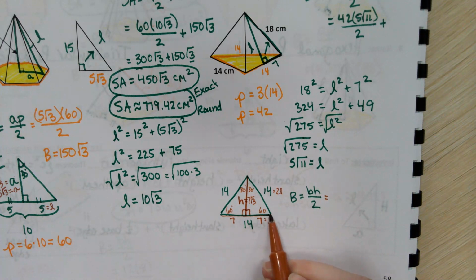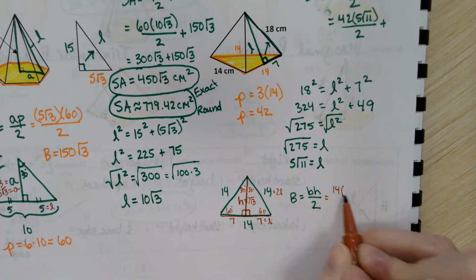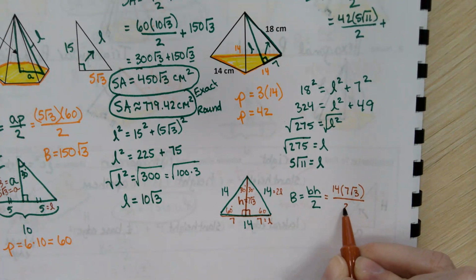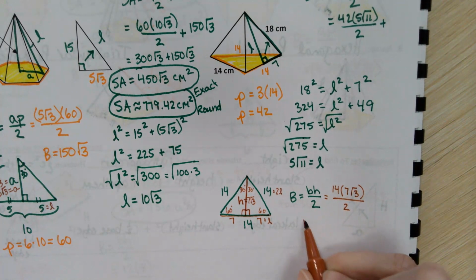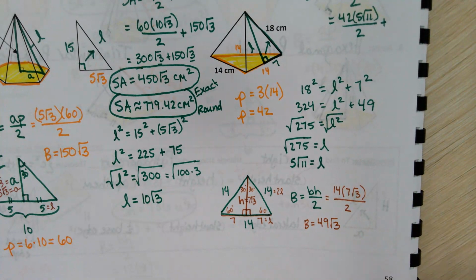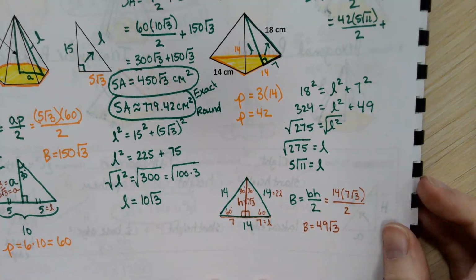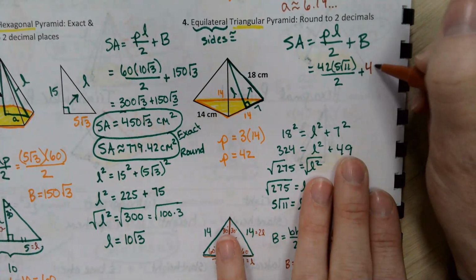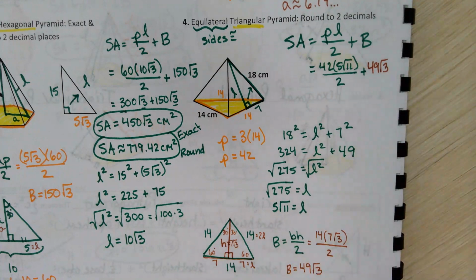So our whole base is 14. Our whole height for that base is 7 root 3. We're going to go ahead and multiply those together and keep it exact for right now, which should give us a 49 root 3. To bring back up to our surface area formula and plug in for capital B.